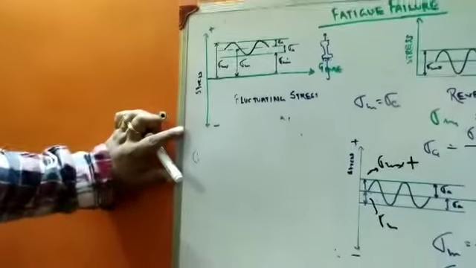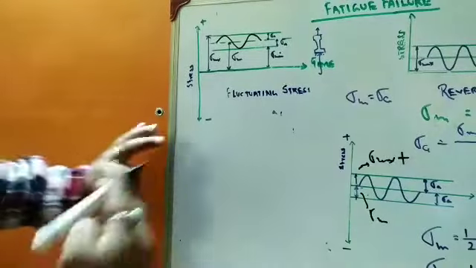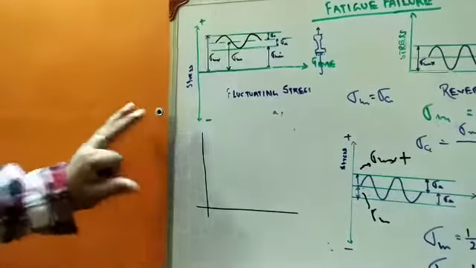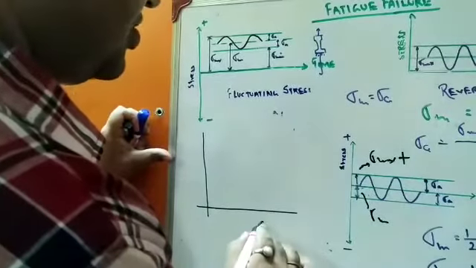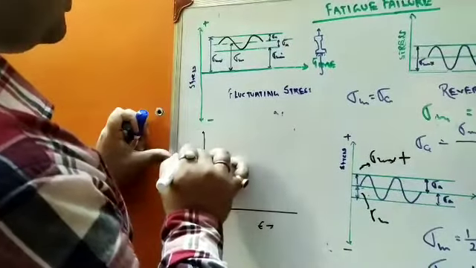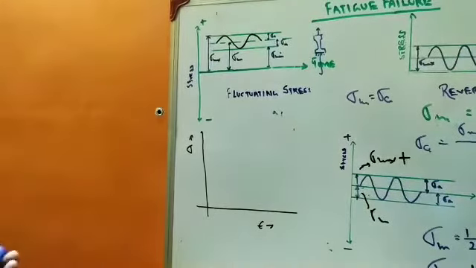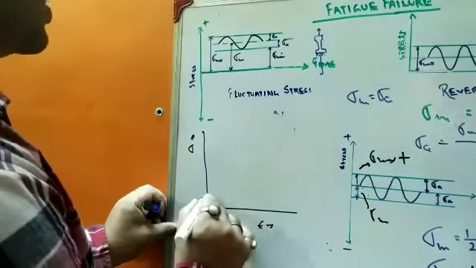This is the stress strain curve. This is strain and this is stress. Now we are plotting an engineering stress strain diagram. If you are plotting an engineering stress strain diagram, what will you get? You will get a curve like this.